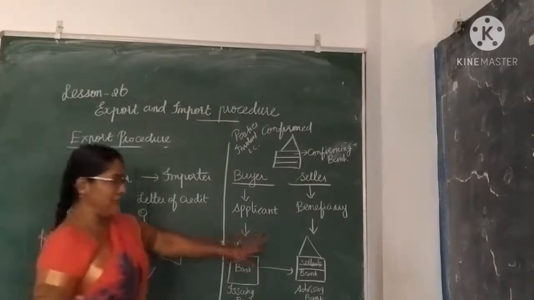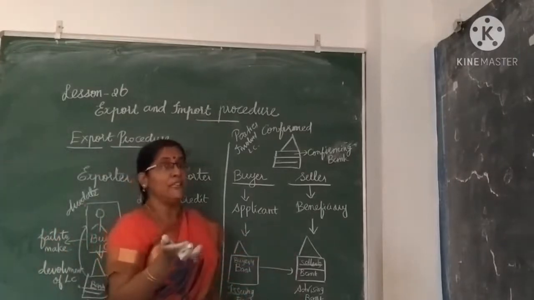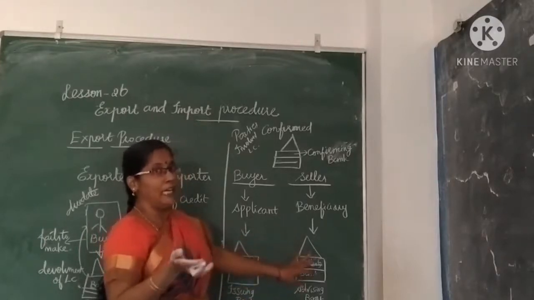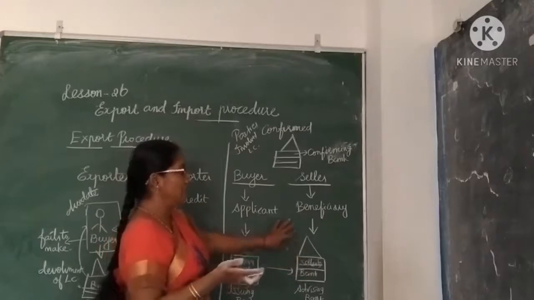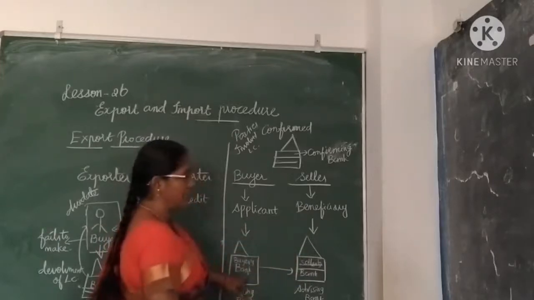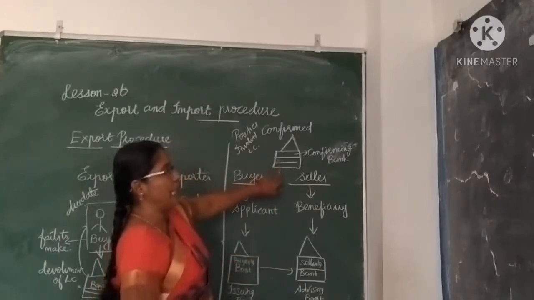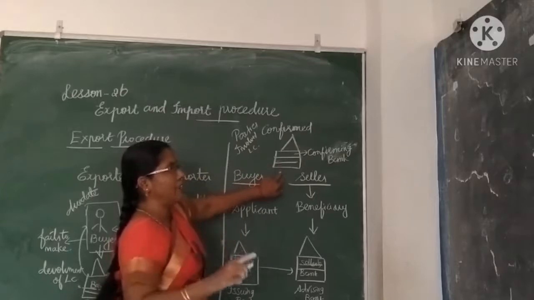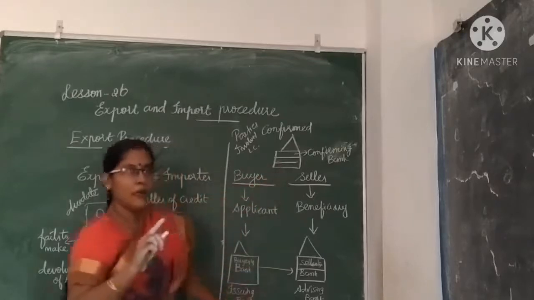The seller cannot simply believe the LC because the seller is in a dominating position. So the LC provided by the buyer's bank will be confirmed by another bank also coming into the picture. That bank is called the confirming bank, which confirms the LC. Are you clear?